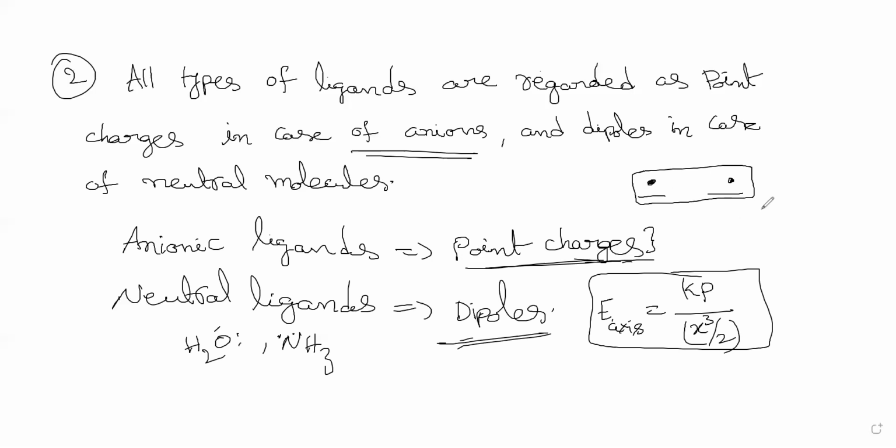If you consider ethylene diamine, it is a very big molecule. It's a neutral molecule, but still we will treat it as a small dipole. Okay, sulfate anion, SO4 2 minus. Suppose this ion is there, still this is a big ion, but still it is treated as a point charge. So like that, it is a kind of approximation.